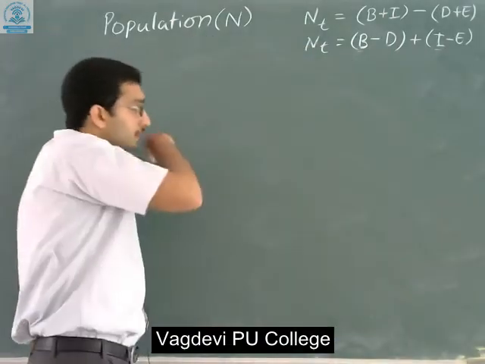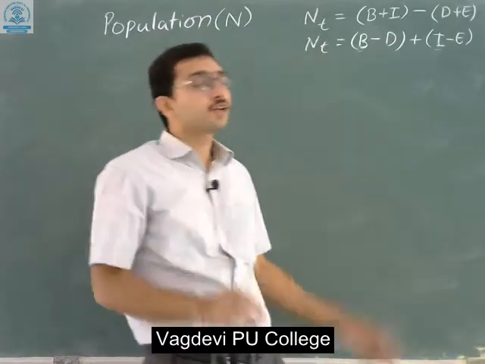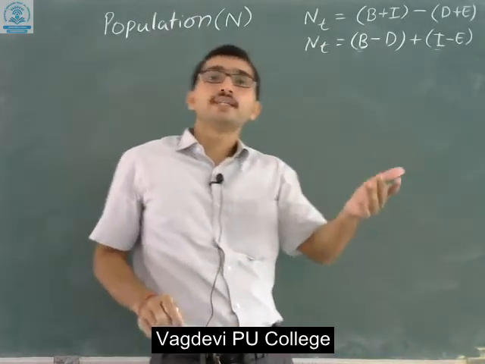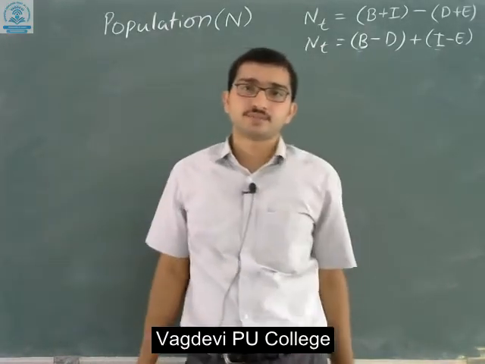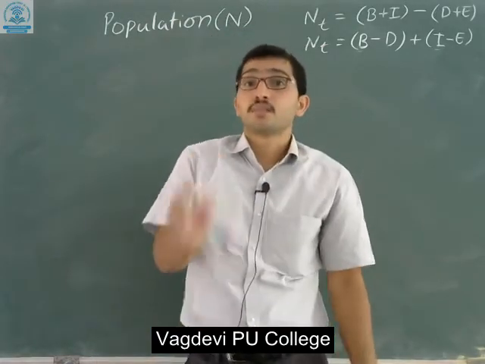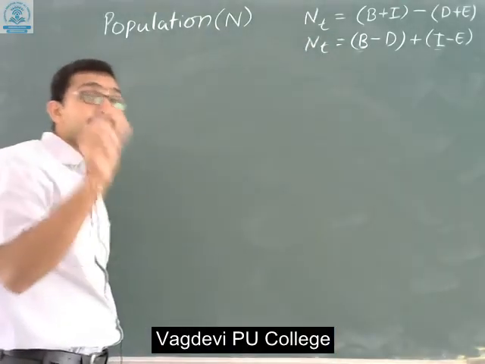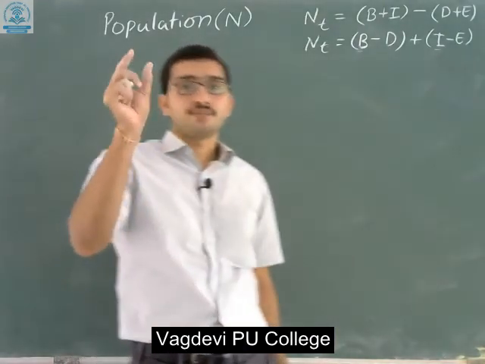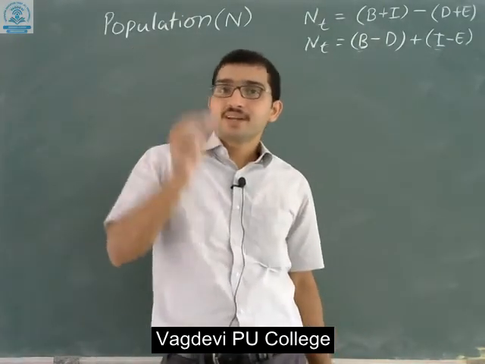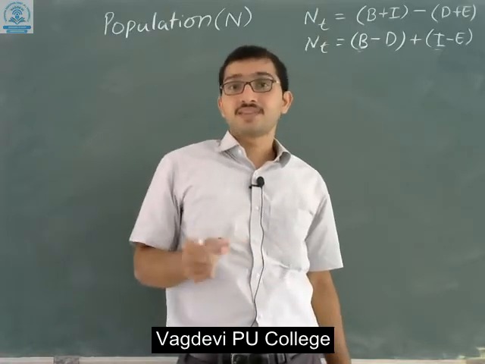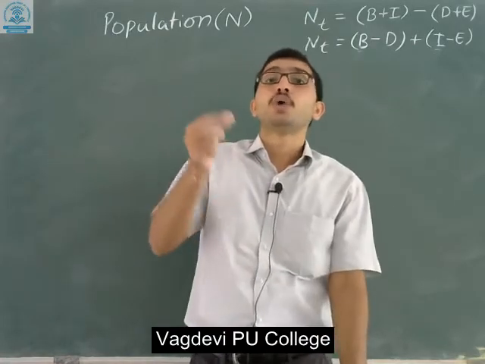Now ultimately population is dependent upon natality, mortality, immigration and emigration. Natality means the number of births in a given time period, whereas mortality is in contrast to natality. Mortality means the number of deaths in a given time period. Immigration means individuals of a species have come into a new habitat.